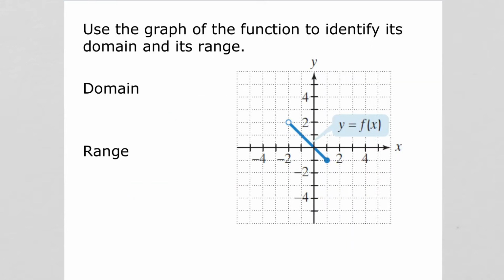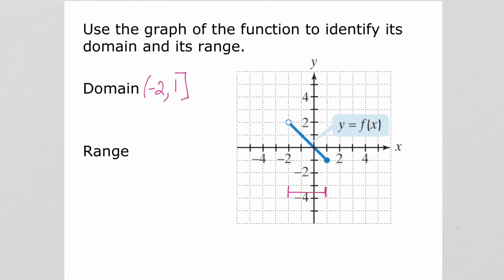For example 7, the domain, again, are the x values. Start with the left, move to the right. So here we're starting with negative 2 and moving to the right to 1. Except in this case, at the negative 2, there's an open dot. So what we have to do is we have a parenthesis before the negative 2, and then there's a closed dot where we're at 1, so a bracket there.